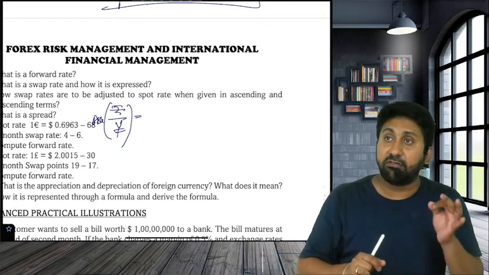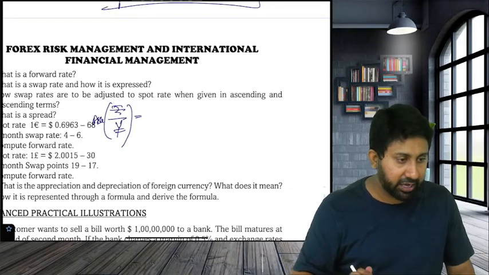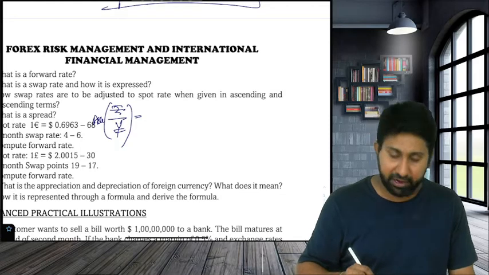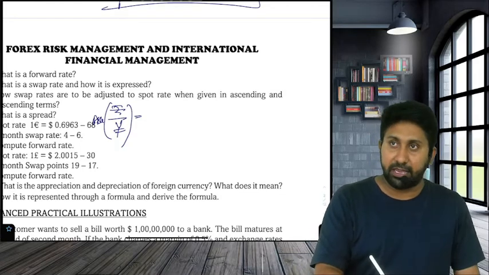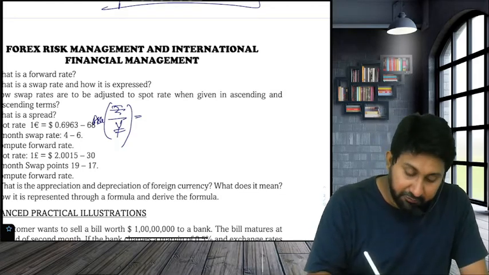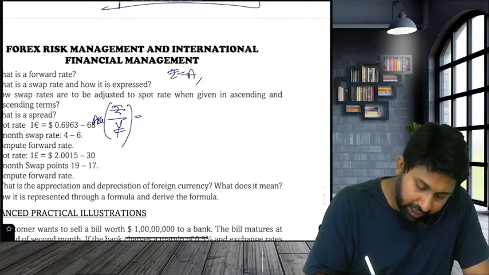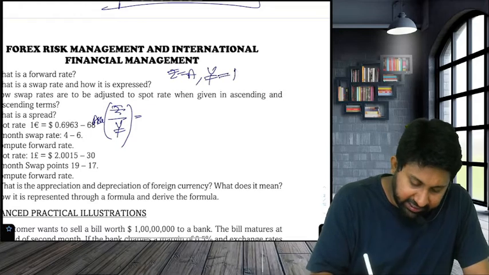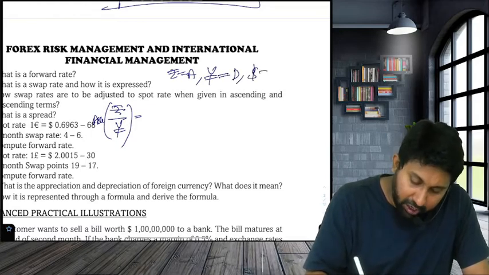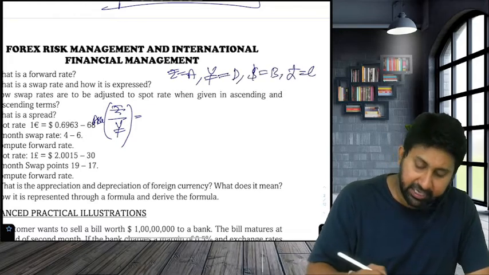Therefore the required quotation will be ask of rupee by yen. Now ask of rupee by yen equal to, if I take rupee as A, yen as D, dollar as B and pound as C, what will happen?